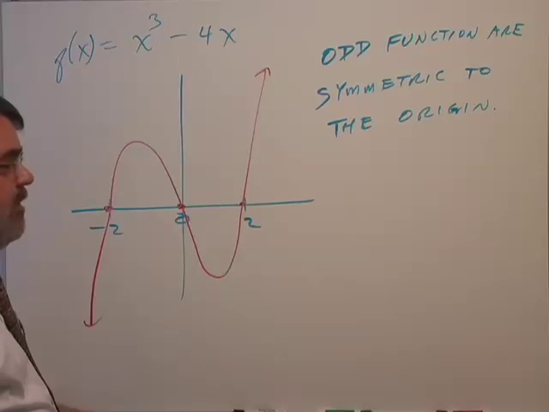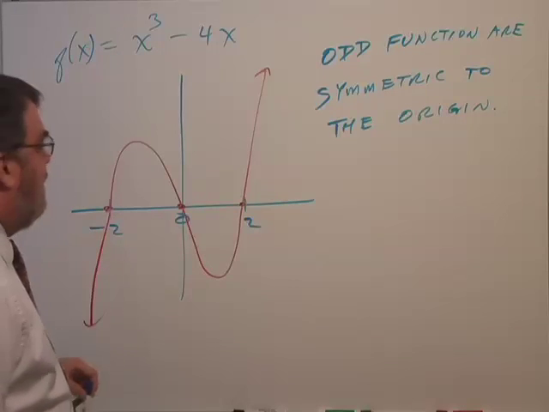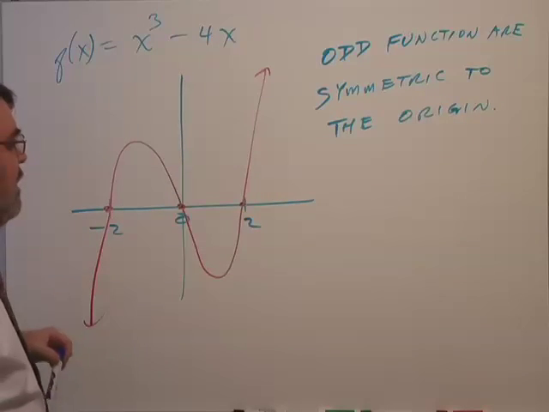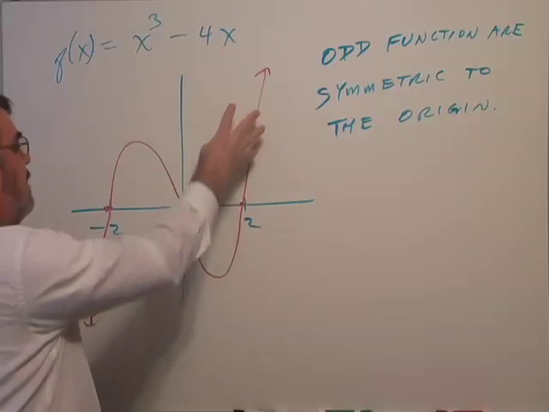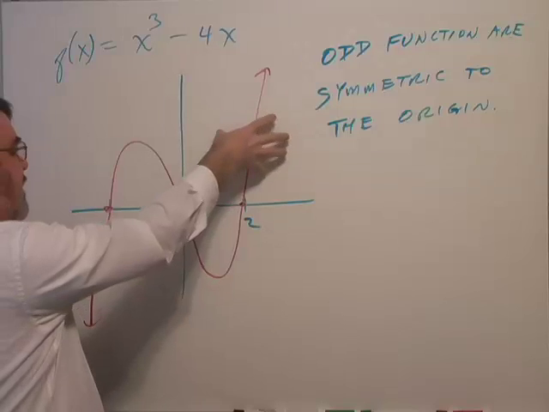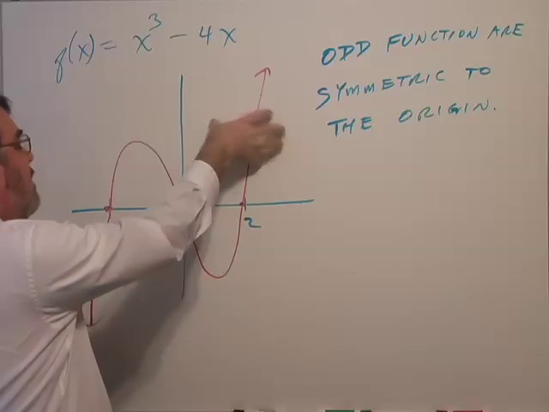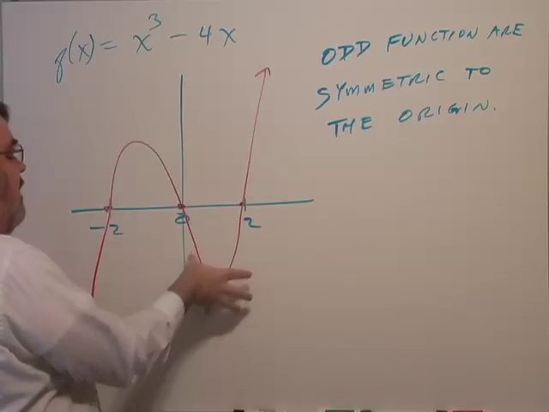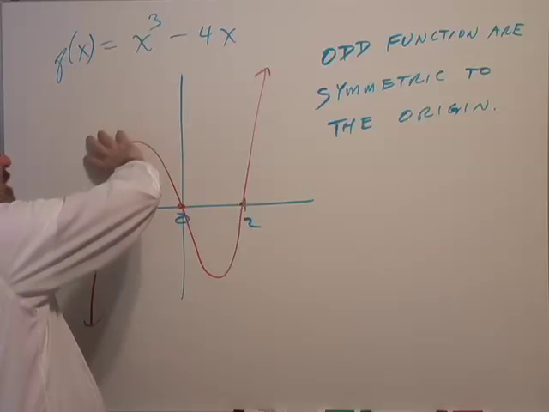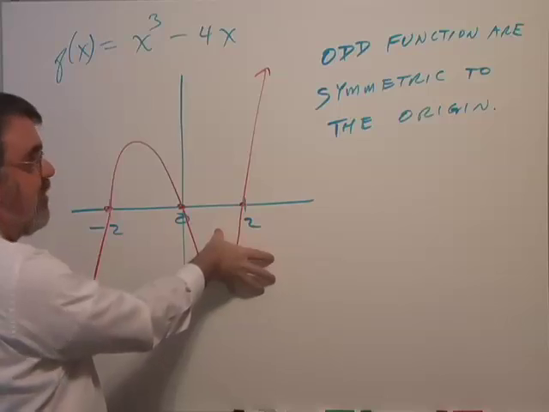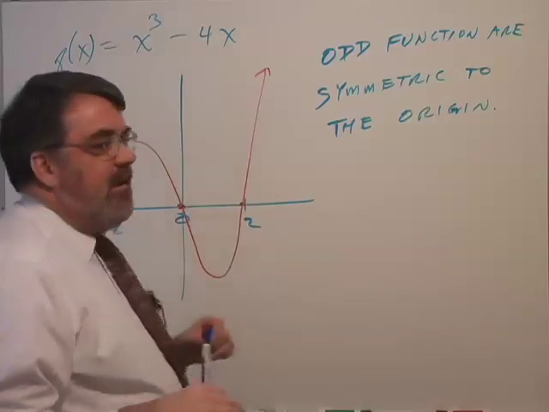One thing you might notice, and you'll find this with all of them, is that there are repetitions of this shape in the first quadrant down in the third quadrant. And this fourth quadrant shape is inverted and rotated to the second quadrant.